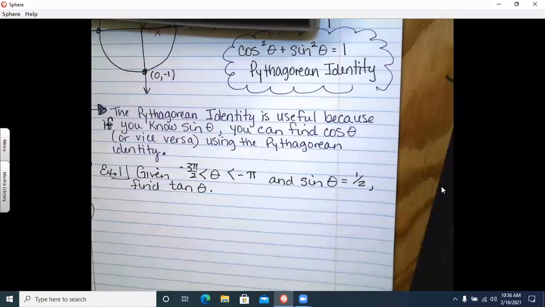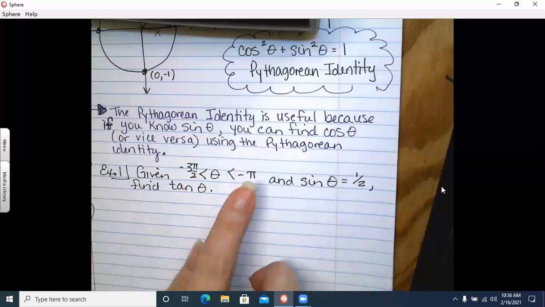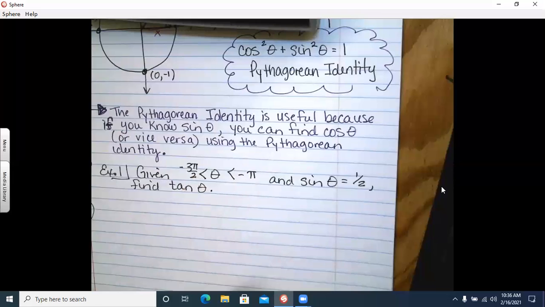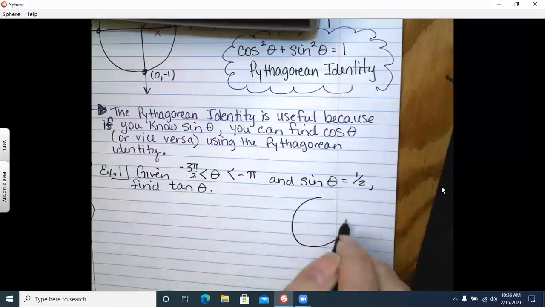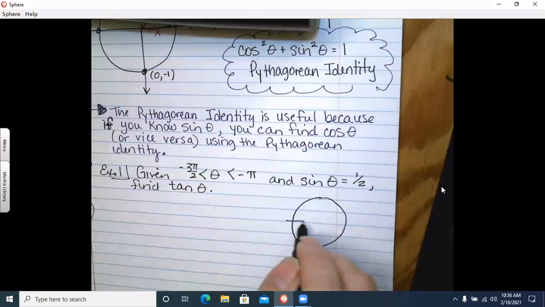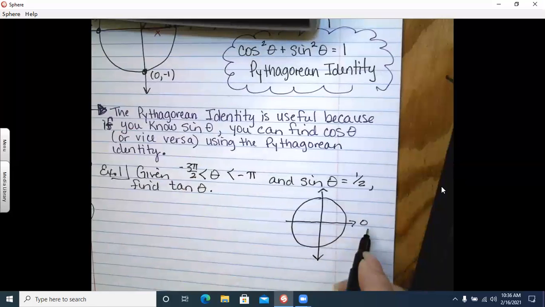All right, so they're telling us that our theta is between negative 3/2 pi and negative pi. So are we going counterclockwise or clockwise around our unit circle? Clockwise, because it's negative angle measures, right? So let me first figure out what quadrant I'm in. If I start at 0, clockwise 90 degrees would be negative pi halves.